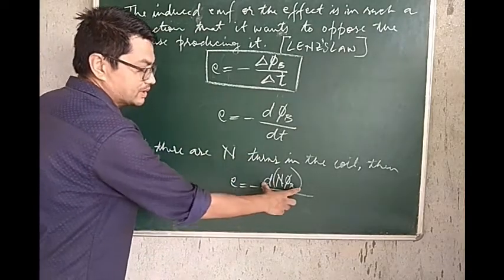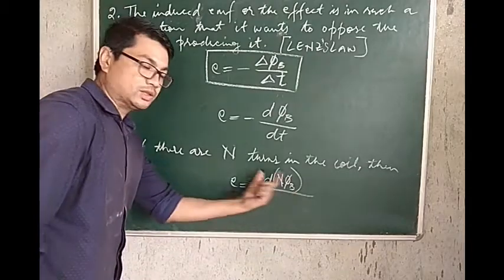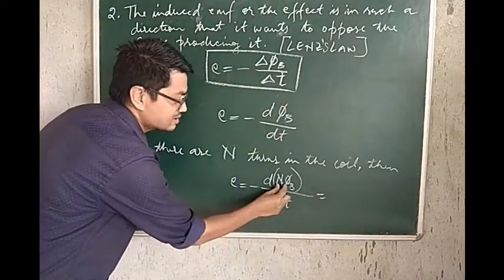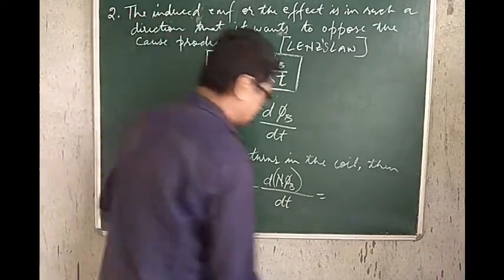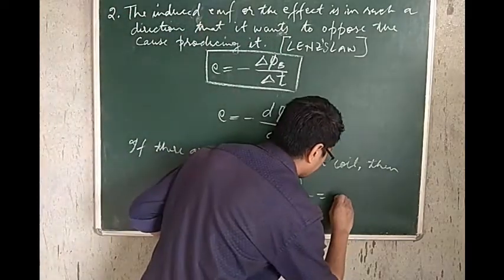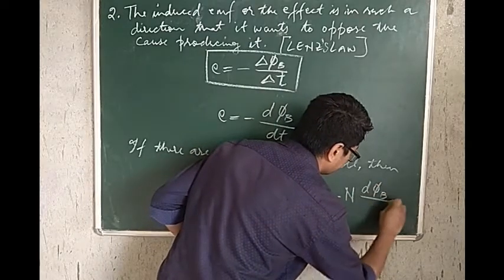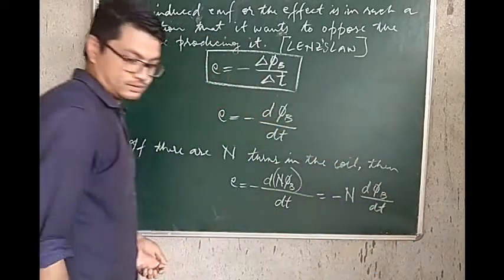So d n phi b is the change in magnetic flux linked with the whole coil. Now since the number of turns is a constant, n can be taken out of the differentiation. So this becomes minus n d phi b by dt.